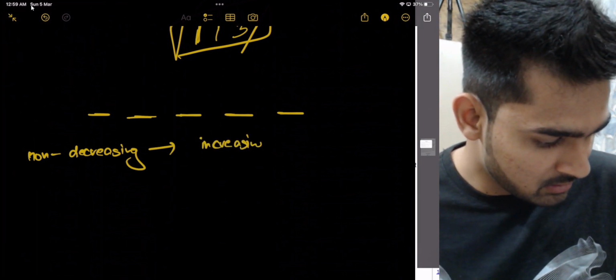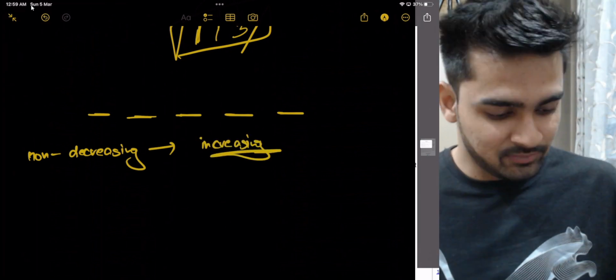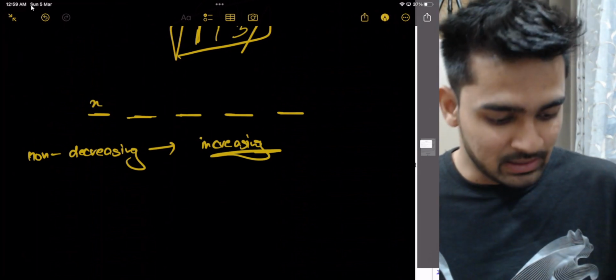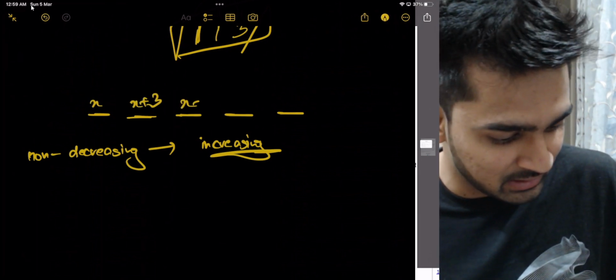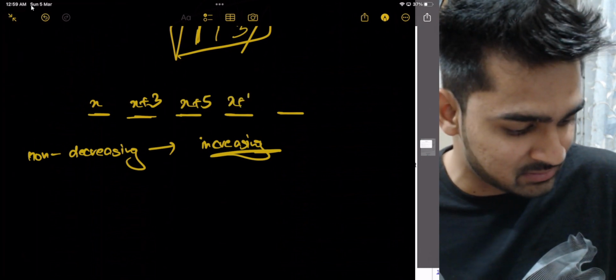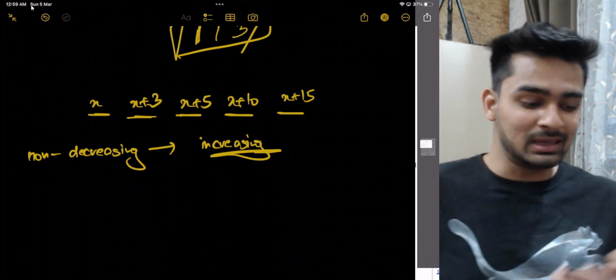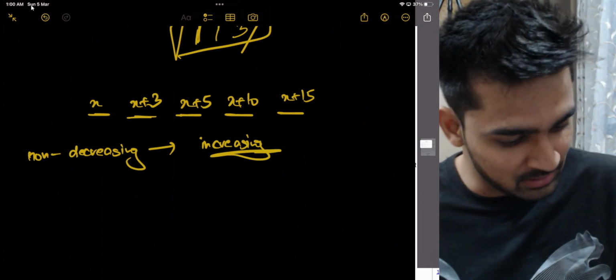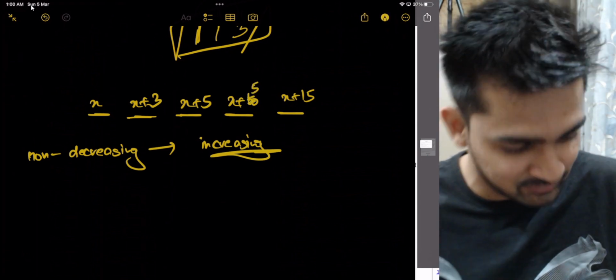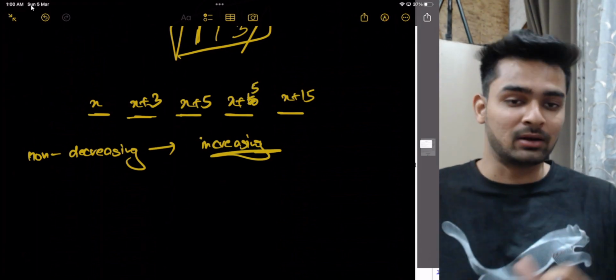So which means we have some value x. Here we might have x plus 3, here we might have x plus 5, here we might have x plus 10, and here we might have x plus 15. The values are going to be increasing or the same. Maybe if this was 5, this was also x plus 5. That is allowed, but it cannot decrease.